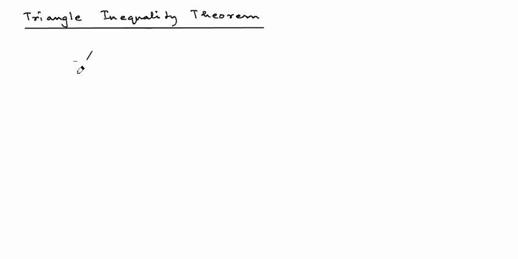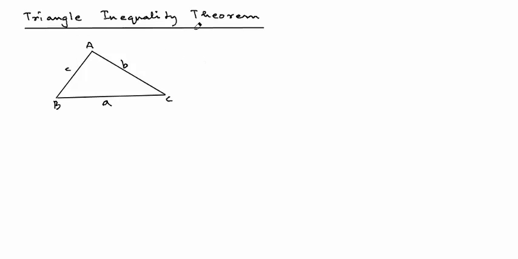And it tells us that in any triangle, no matter what type of triangle, let's name the three vertices as A, B, C. Usually it's a convention to denote the vertices of a triangle, or for that matter any polygon, with capital letters, and then you want to name the side opposite to that vertex in the corresponding small letters. So let's say this is BC, length of BC is a. Similarly, length of AC, which is opposite angle B, is a small b, and this one's a small c.